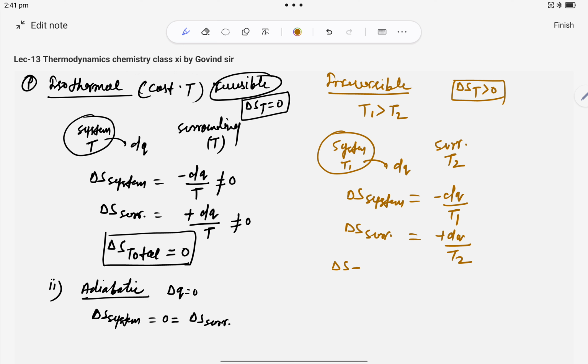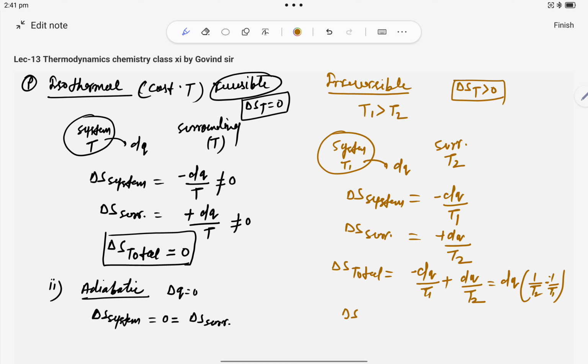So delta S total is equal to minus dq upon T1 plus dq upon T2. From here dq is common, 1 upon T2 minus 1 upon T1.